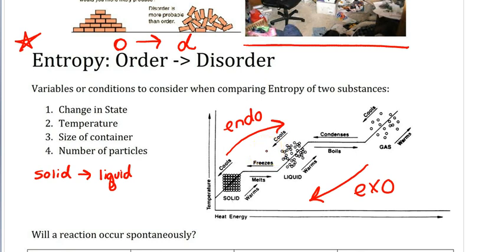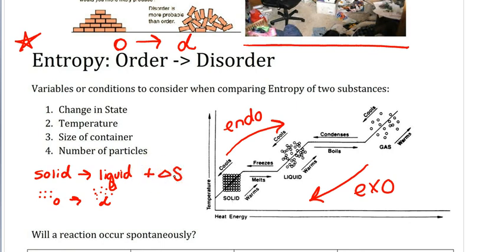Let's think if this is increased or decreased entropy. So if I'm going from a solid, which is nicely organized, into a liquid, which is now going to be separated slightly, this would then say is order to disorder. And so we're going to call this positive delta S.